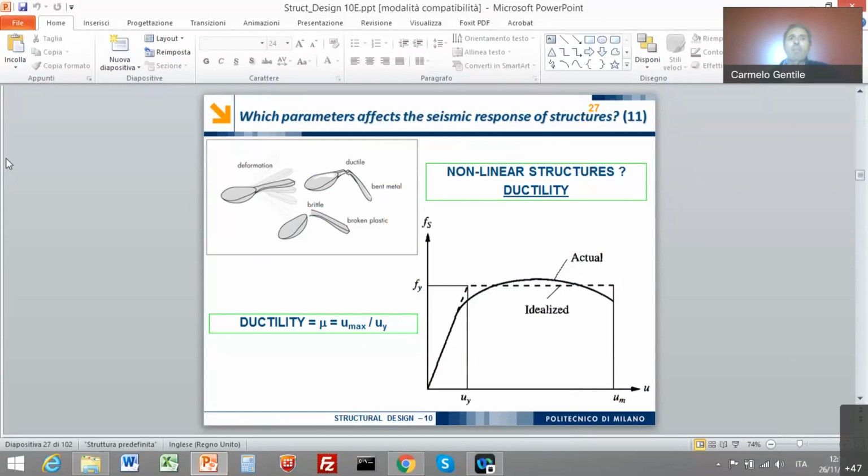But before having this, since I've shown you some very interesting movies, in my opinion, I hope that you share this opinion, I would like to ask you if there are some questions about those movies or some questions about the seismic response of structures. Of course, my invitation is to use the internet addresses I will send to you in order to see those movies again.